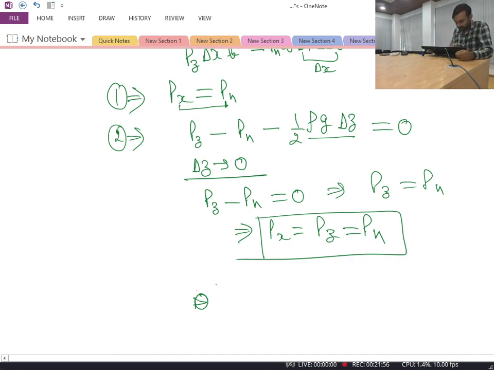Now in this point you can see in the x direction pressure is Px, in the z direction pressure is Pz, and normal to the inclined surface pressure is Pn. But our delta z is very small, so this element is acting like nothing but a point within the fluid medium. Whenever this assumption of delta z equal to 0 is applied and our fluid element has become a point, we find that pressure in the x, z and n directions is actually the same.